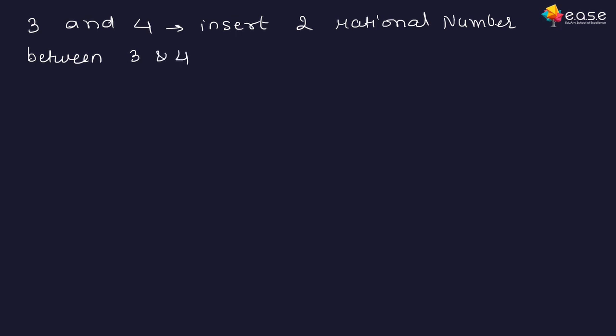So I'm going to just show you this on the number line. That means they are asking us that, see, this is 3 and this is 4 on the number line. So we are also going to have 2 here and 5 here, but I'm not writing that, that is not required, correct?